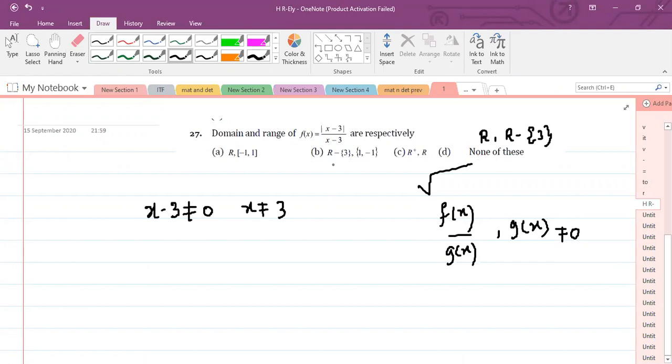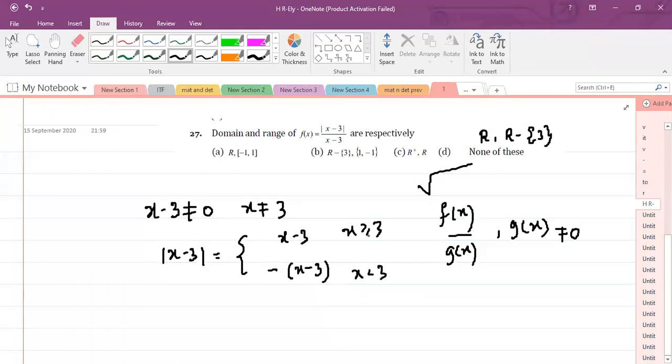So check range. This f of x is equals to modulus of x minus 3 divided by x minus 3. Modulus of x minus 3 is equals to either x minus 3 or minus of x minus 3. If x is greater than or equals to 3, it is x minus 3, and if x is less than 3, it is minus of x minus 3.